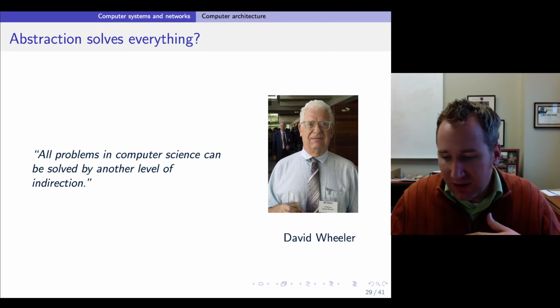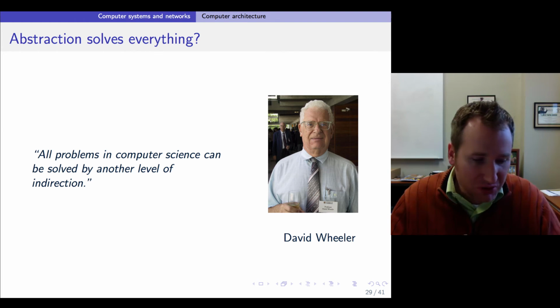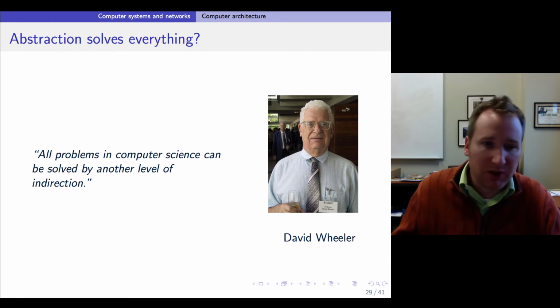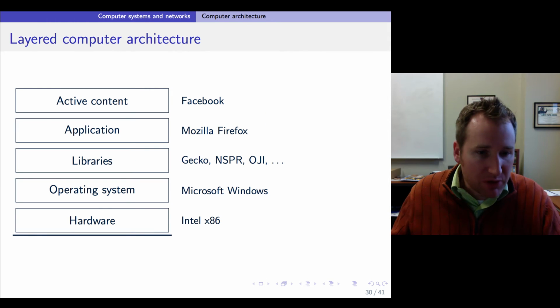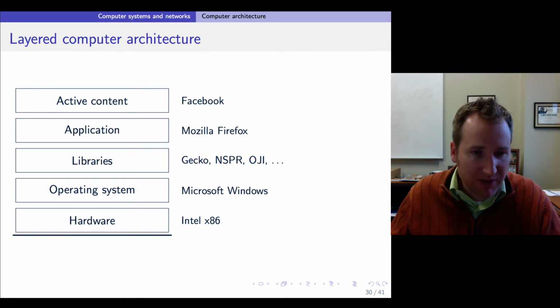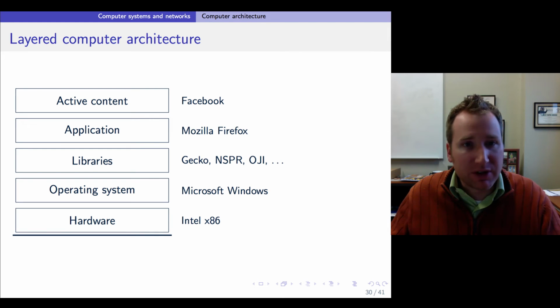And it is to a certain extent true, in that many powerful solutions in computer science do rely on additional abstraction. One way in which we see this abstraction manifest itself is in the layered architecture of computers.